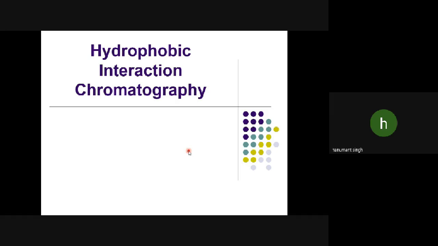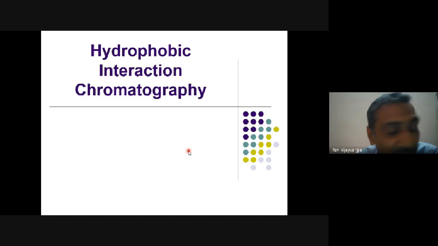Okay. So in that case, these tags are all peptide based. So these tags are good only for proteins, but normally small molecules you can tag with biotin.